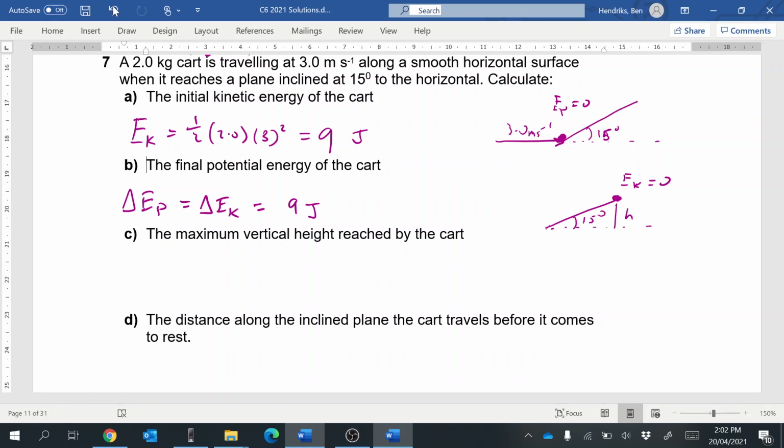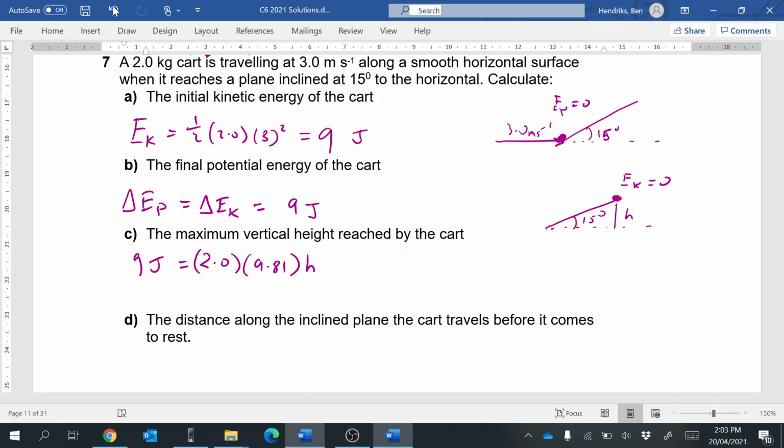The maximum vertical height reached by the cart. We don't actually need to use the triangle still. So we have EP, which is 9 joules, equal to mass, which is 2.0, times gravity, which is 9.81, times the height, h.